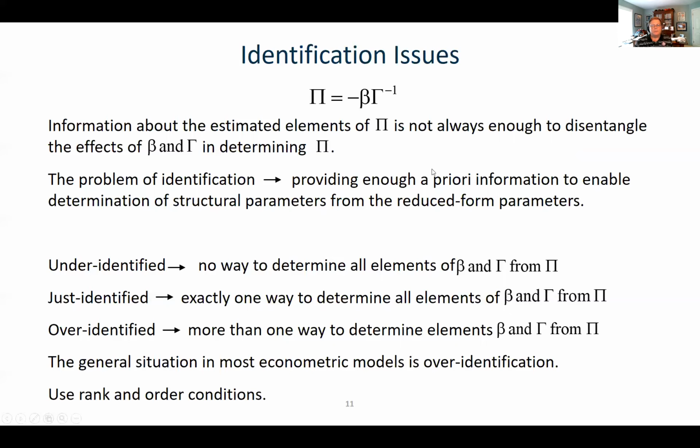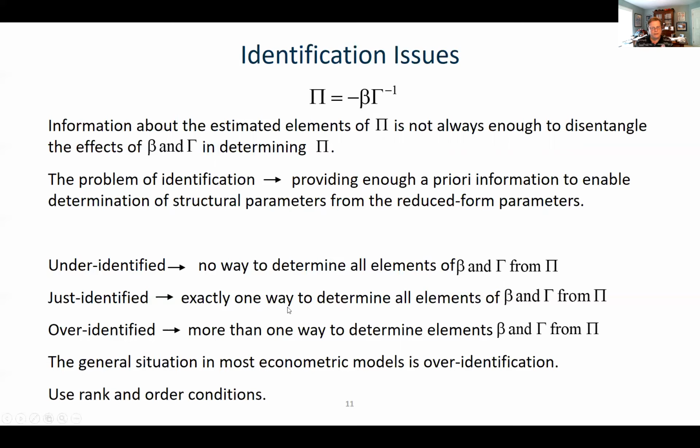So the problem of identification is, do we have enough information to enable the determination of the structural parameters, these, from just the reduced form parameters? Now, if there's no way to determine all of the elements of the beta matrix and the gamma matrix from pi, then we call this system under-identified.